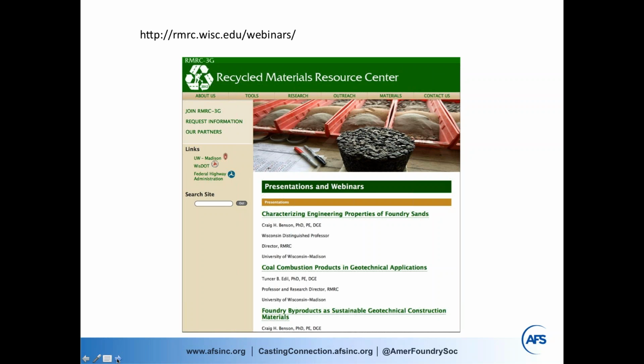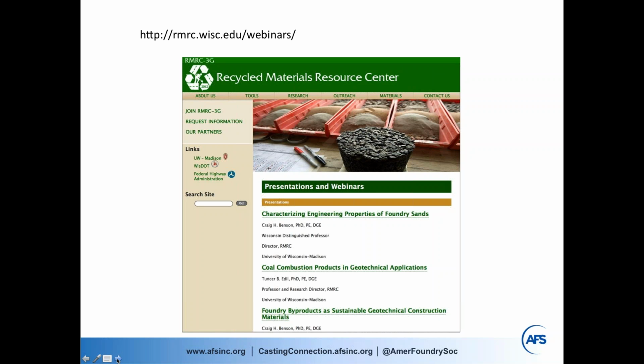Also on that page, if you look under the materials section, is a document that was produced by Federal Highway and updated about 7 years ago called the User Guidelines for Waste Materials. And while all of us who work on industrial byproducts hate using the term waste, unfortunately, when this project was conceived 20 years ago, that's what they were considered.